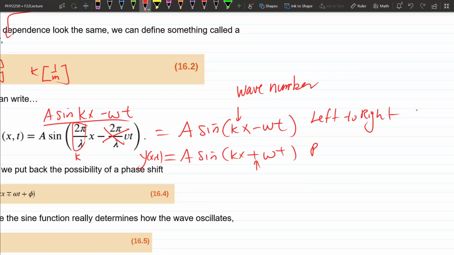This is a wave that's traveling from right to left. In other words, this is a wave traveling this way, this is a wave traveling this way. So you can have waves traveling left and right, right and left, whichever direction you want.